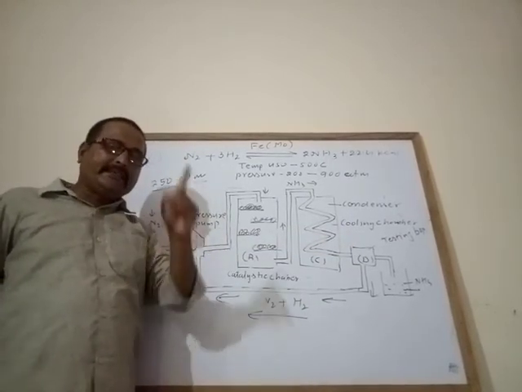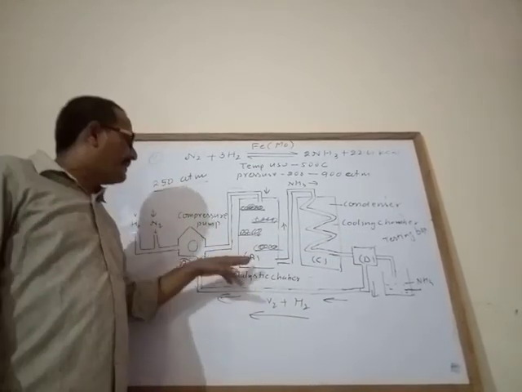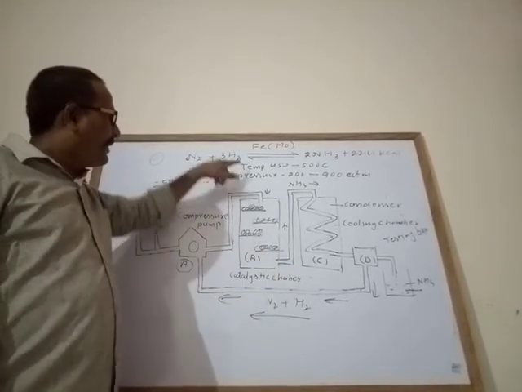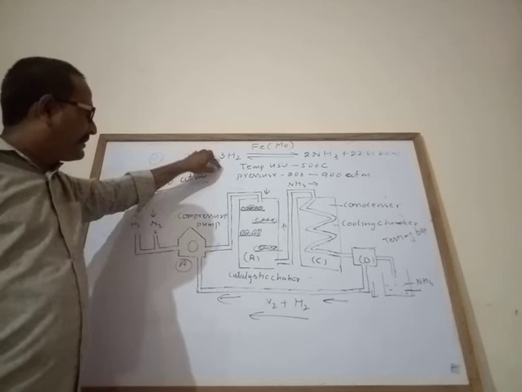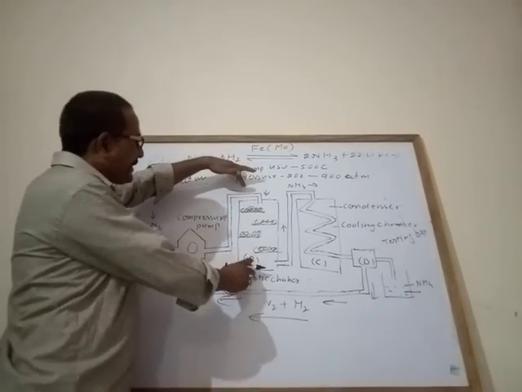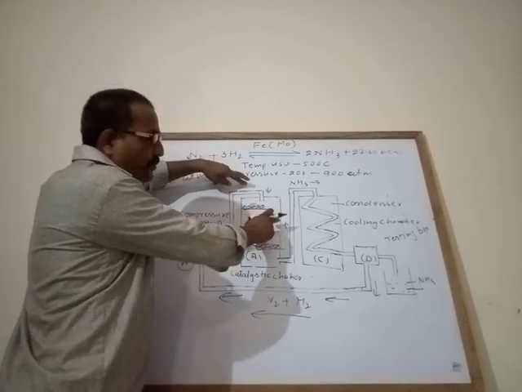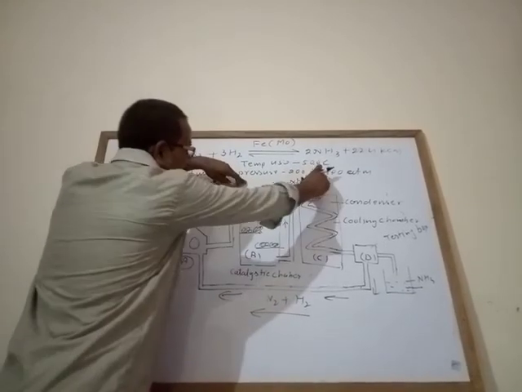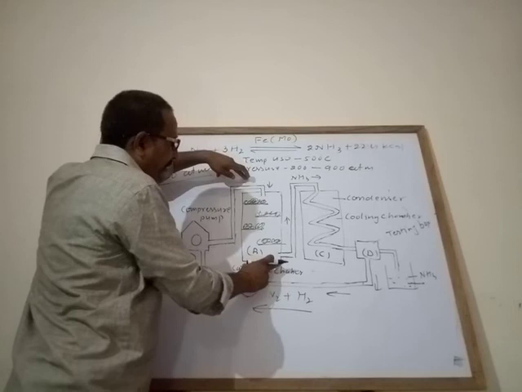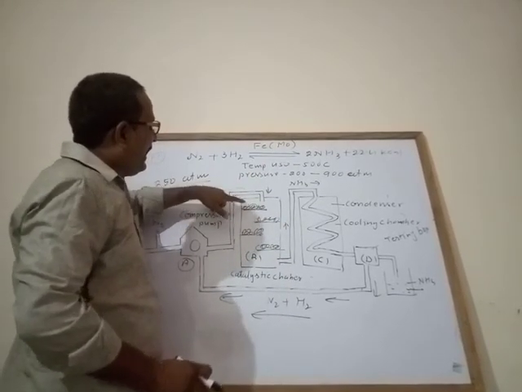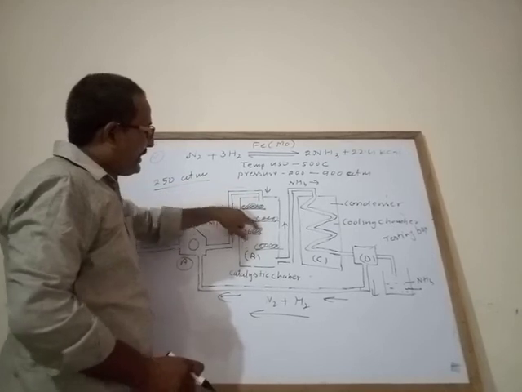Remember that the reaction only takes place in chamber B, means the heating catalytic chamber. Only that reaction takes place, because here the temperature is already 450 to 500 degrees Celsius, pressure 200 to 900 atmospheric pressure, iron as a catalyst and molybdenum as a promoter I have used in that.